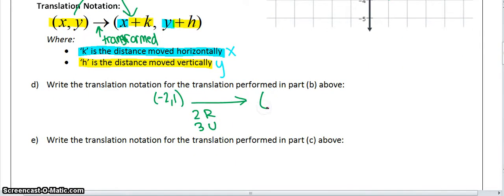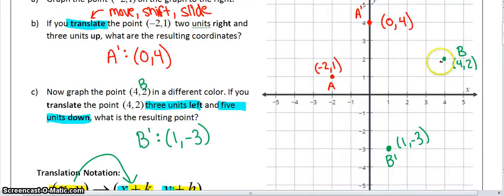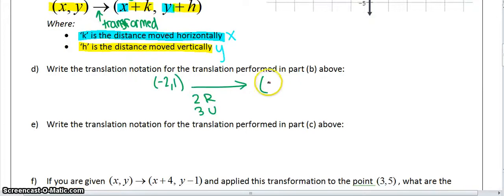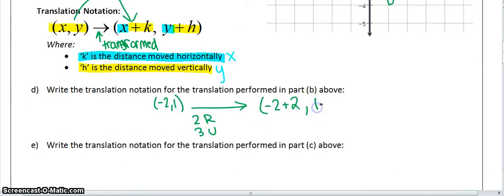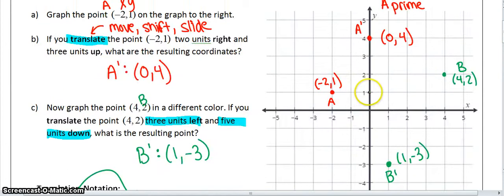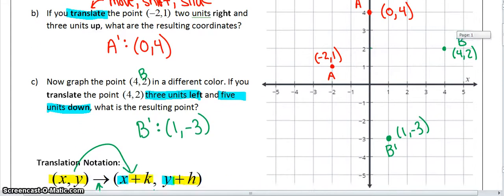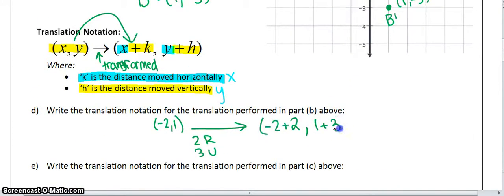So how did I actually transform my x and my y coordinate? Well, if I go 2 units right, I'm adding 2 to the x. So you're going to take my -2, and I'm really adding 2. Now, my up is transforming my y. I started at 1 on my y, and then I moved up 1, 2, 3, which is how I got 4. It's just 1 plus 3.